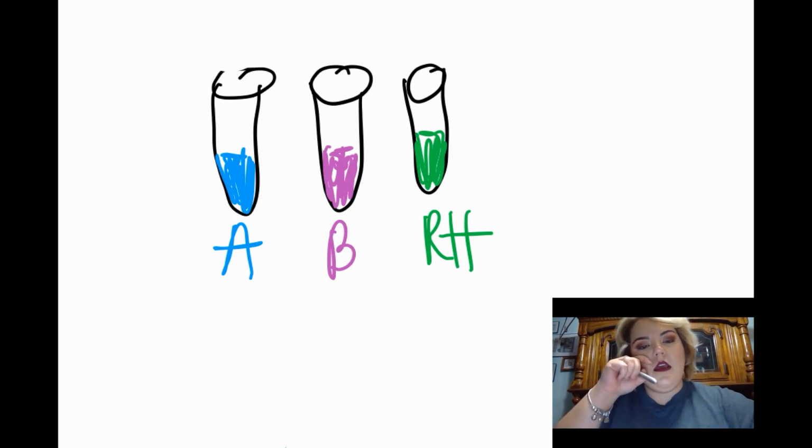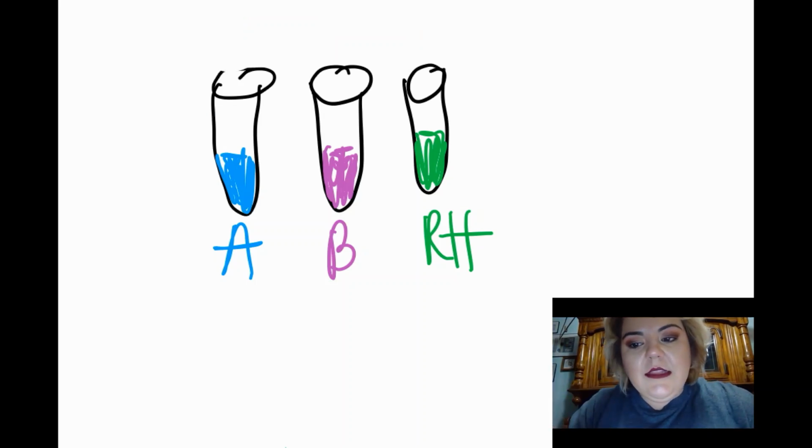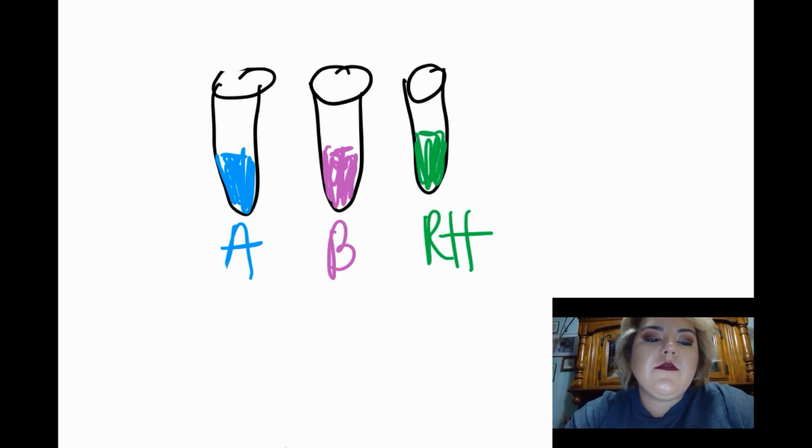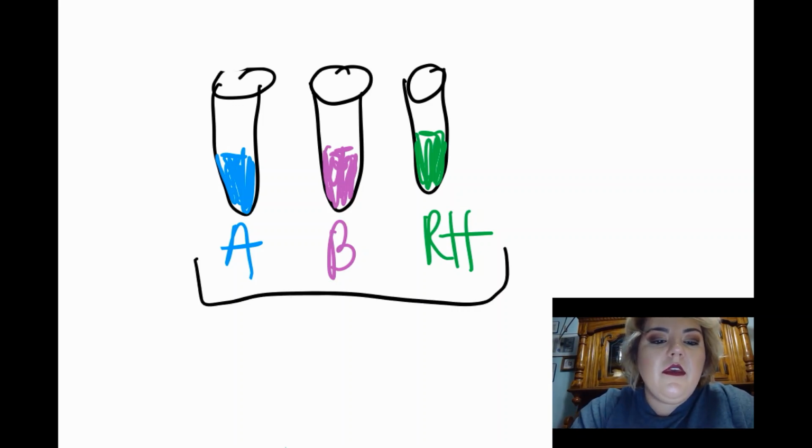With the reaction, what I mean by that is, since these are antibodies, these are the antibodies.